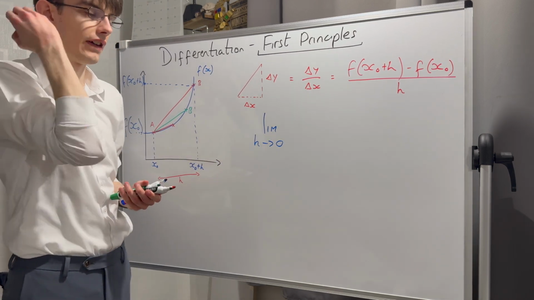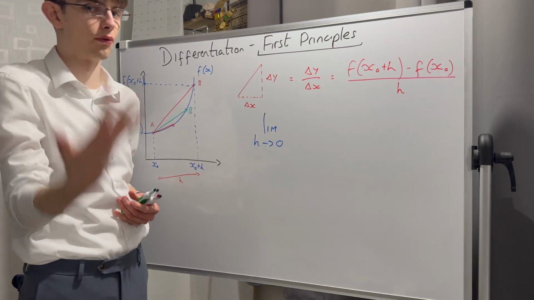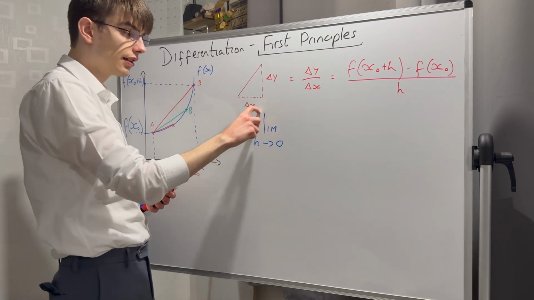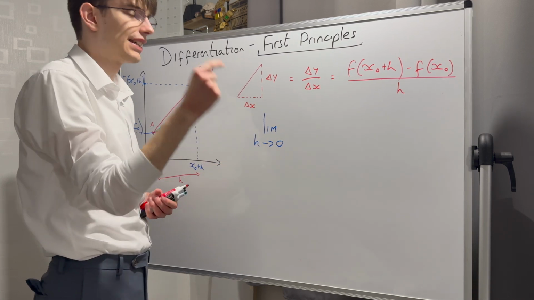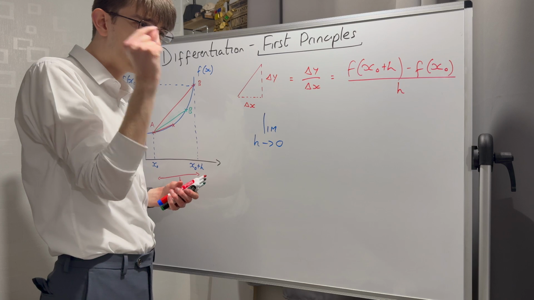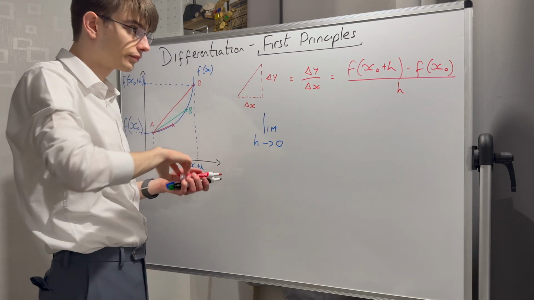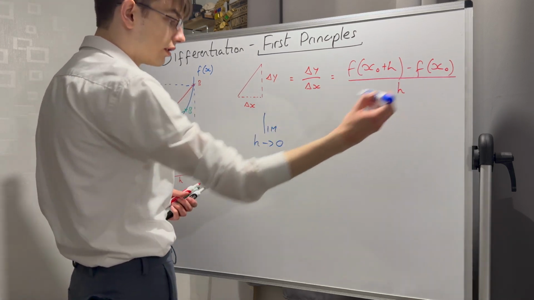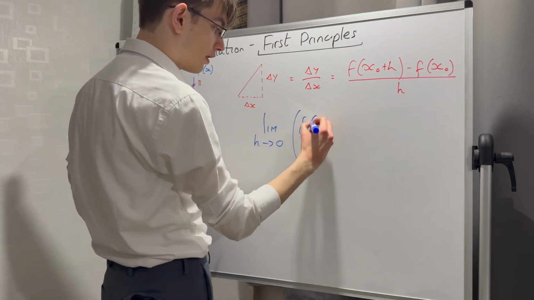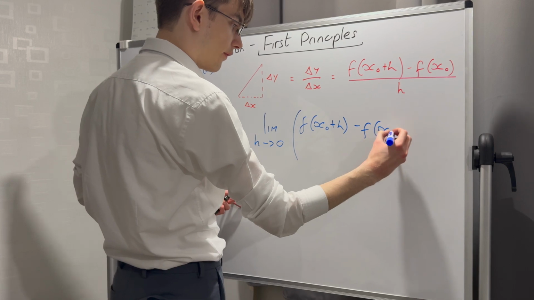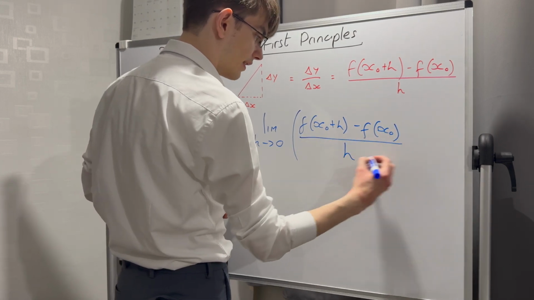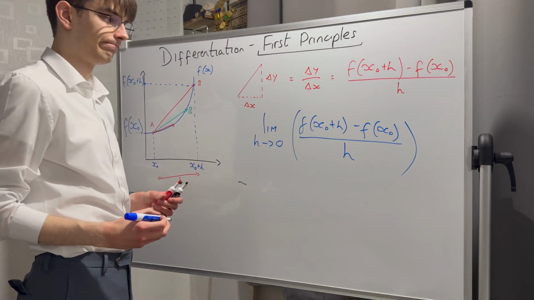I can't have h as 0, otherwise the maths just breaks. So I'm instead saying the limits as h tends to 0. As h gets closer and closer to 0, but doesn't quite hit it, then my gradient works: f of x0 plus h minus f of x0, divided by h.